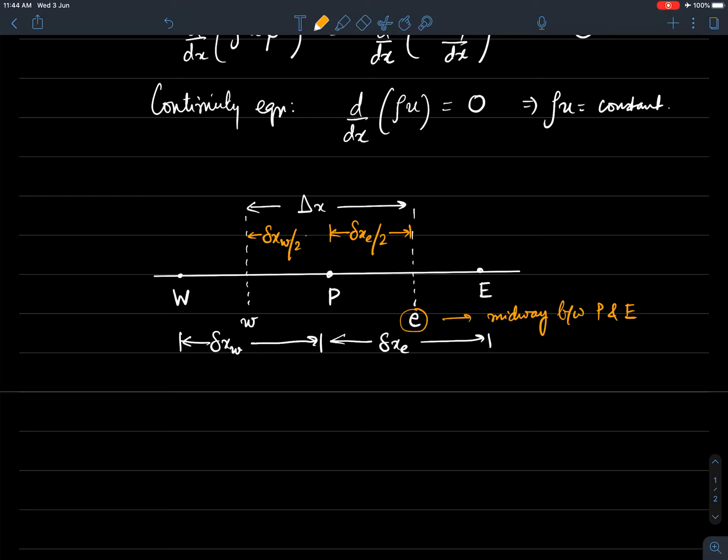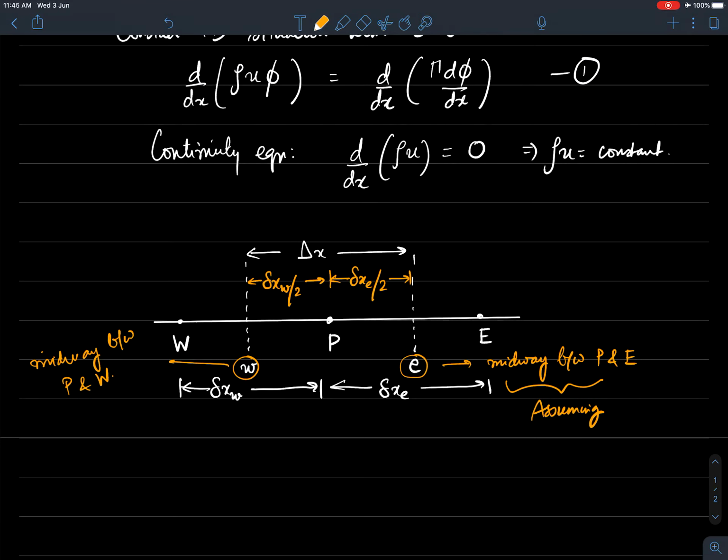So let's say this distance is delta x w by 2, and so w is also midway between P and W. And so this is just something that we are assuming now. Okay, this is an assumption that I'm making, but it will help me show one key aspect here.